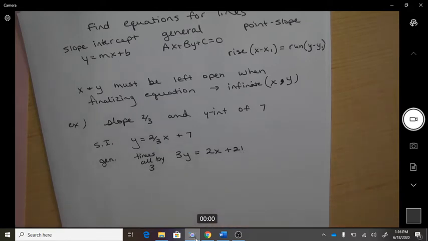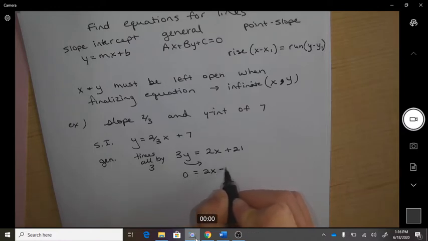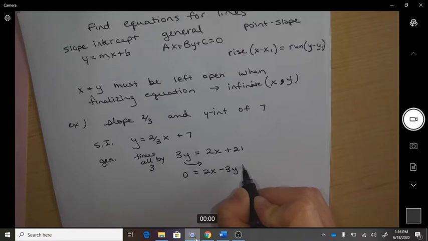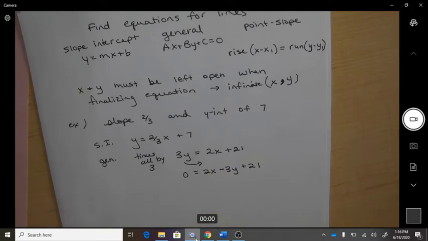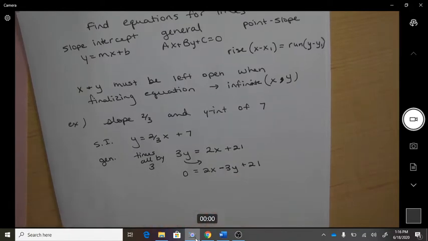Okay, and then the point of general is to move everything to one side and to have 0. Just technically speaking, it's just a small little math detail. They often like to have the x positive, so I'm just going to move that over. So 2x, and then it would be a minus 3y. Okay, obviously it doesn't matter which side you have. You can just flip-flop them around and say all that equals 0.